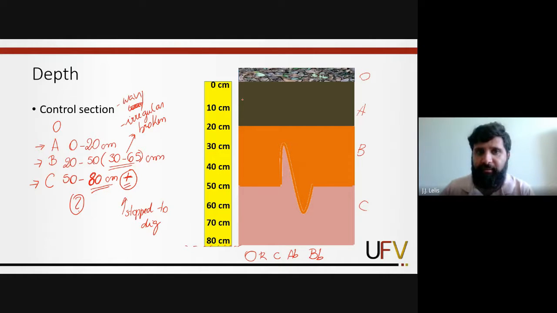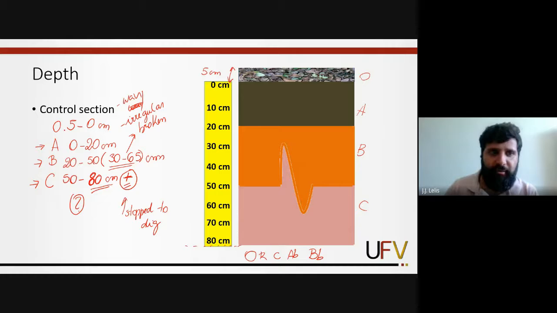As we have a mineral soil profile and the O is not so thick, if I use a tape or a ruler and it has just 5 centimeters, I can use this note, 5/0 centimeter.